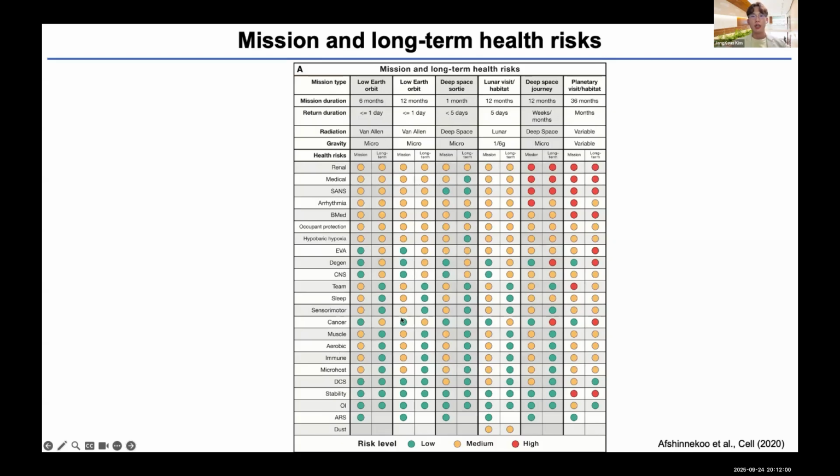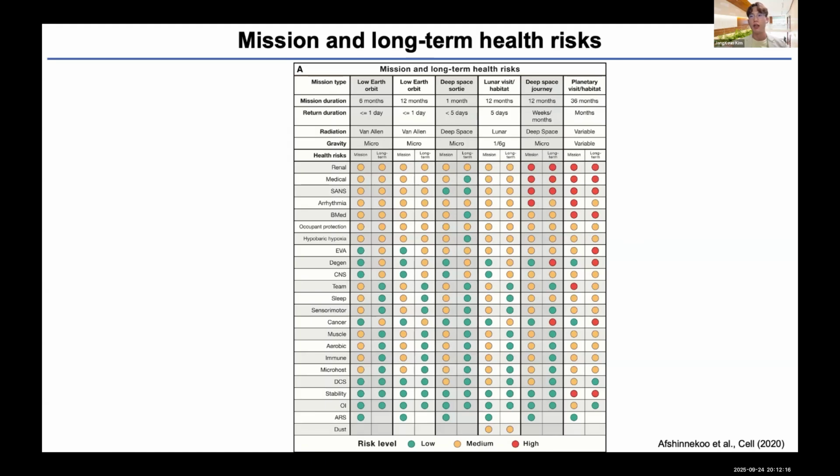As the duration gets longer and longer, the health risk gets more severe. So we need to address this problem, especially if we want to send people to Mars.